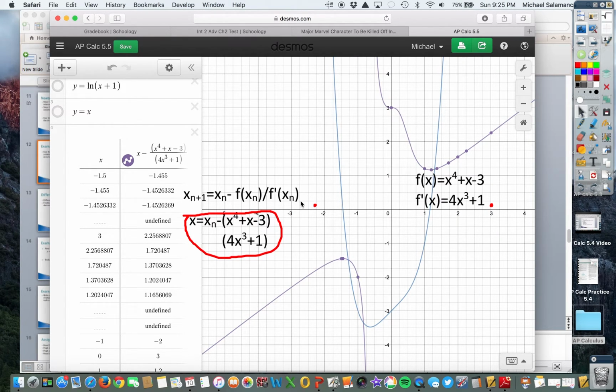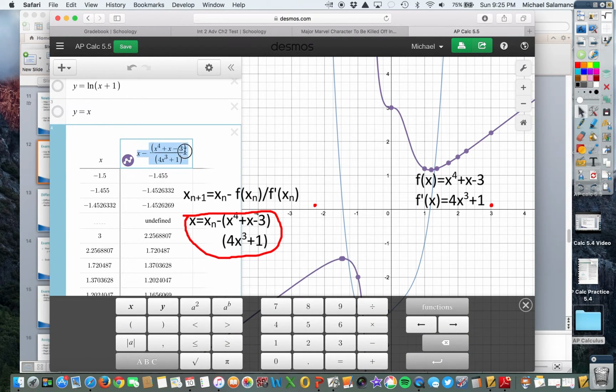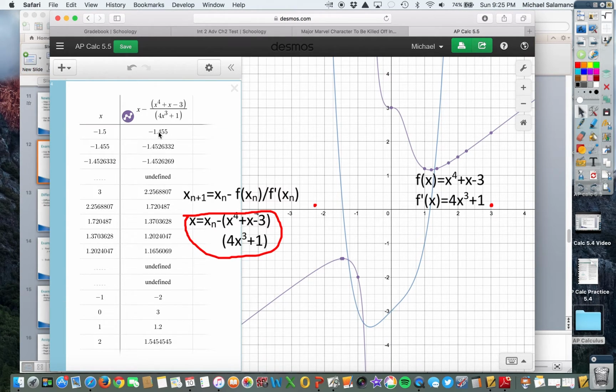Now, what happens here is once we have this graph, notice I wrote down the equation here, we can start selecting x values. So what we did is, according to step 1, we guessed. We guessed that it's about negative 1.5, which is why I substituted in for x here. And when we did that, it spit out this value for us, negative 1.455.